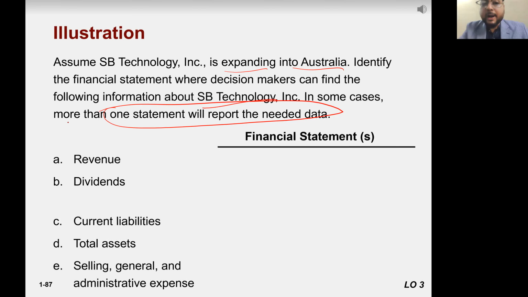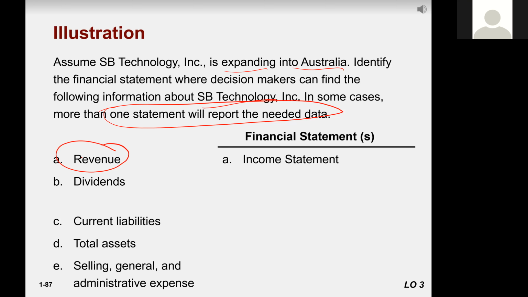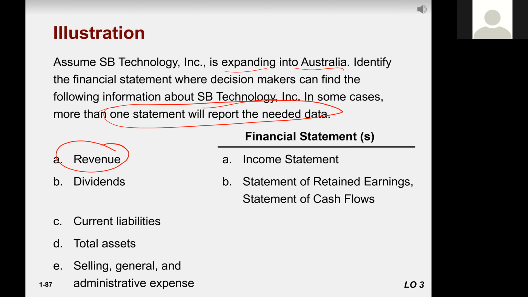If we want to find out revenue, which statement will we see? Income statement. Well done. If we want to find out dividend, which statement will we see? Statement of retained earnings. Yes, and the balance sheet as well, right? At the end of cash flow from financing, we talked about that.